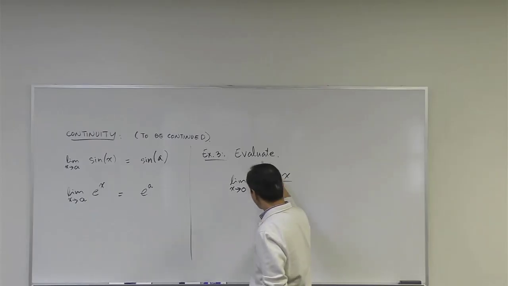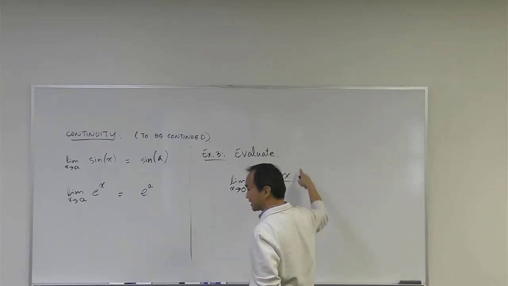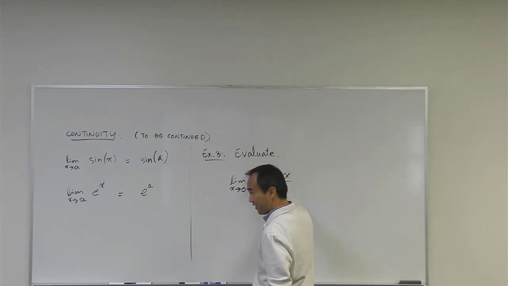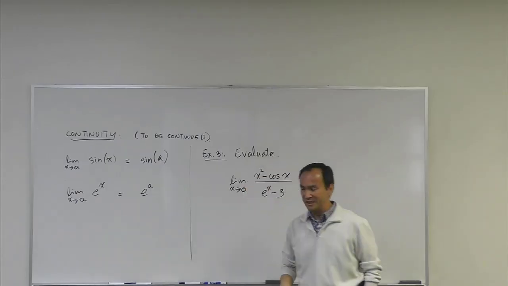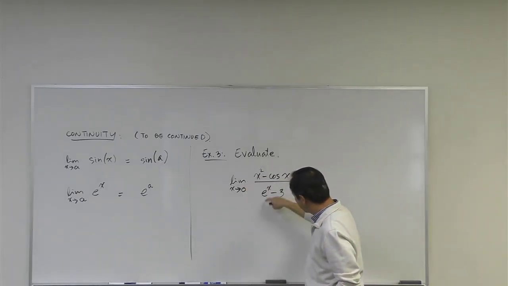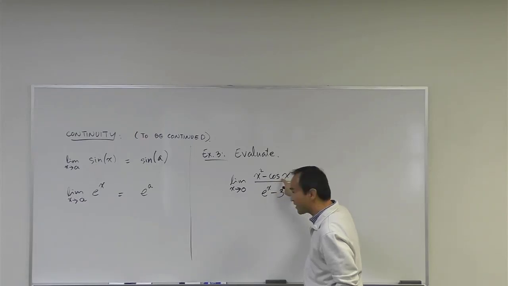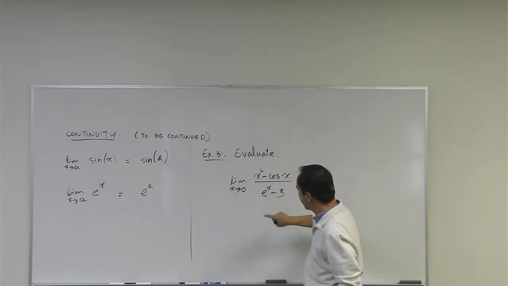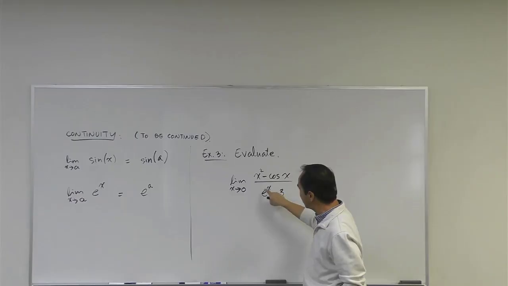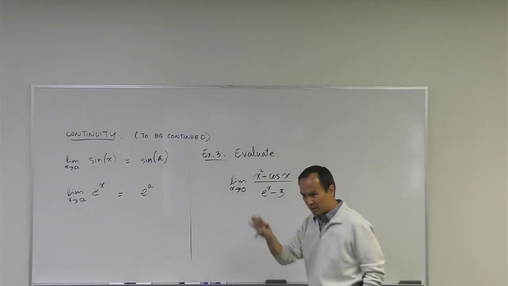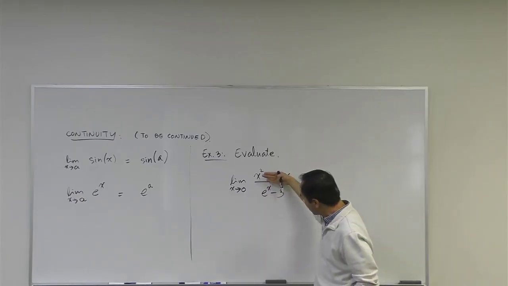Now the function itself right here, I do not know whether it's continuous. It's risky, right? Even though each one of these elements is continuous, the cosine of x individually is continuous, the e to the x individually is continuous, the whole function, especially with the denominator here, is uncertain.